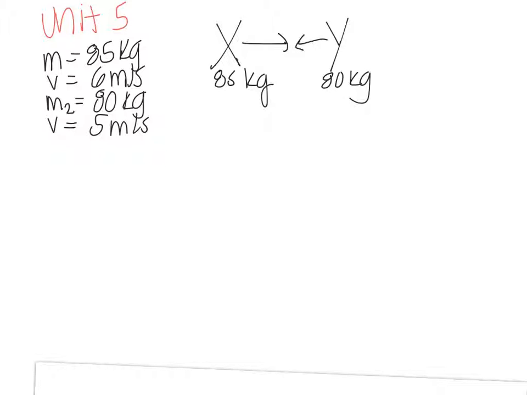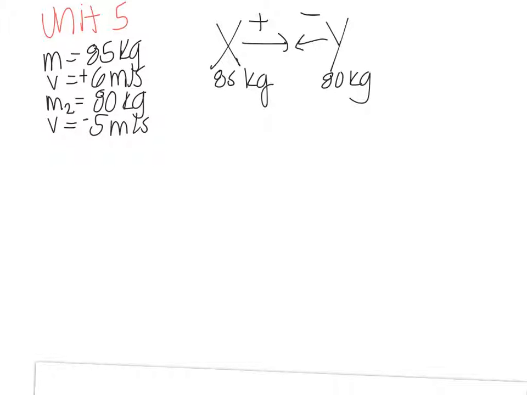So one of them is going to have a positive velocity, one will have a negative. Let's just say 85 kilograms is running to the right, he has the positive 6 meters per second, and 80 kilograms is running to the left, that's a negative. It says, what was the total momentum after the collision? We know that based on conservation of momentum, momentum before has to be equal to momentum after.